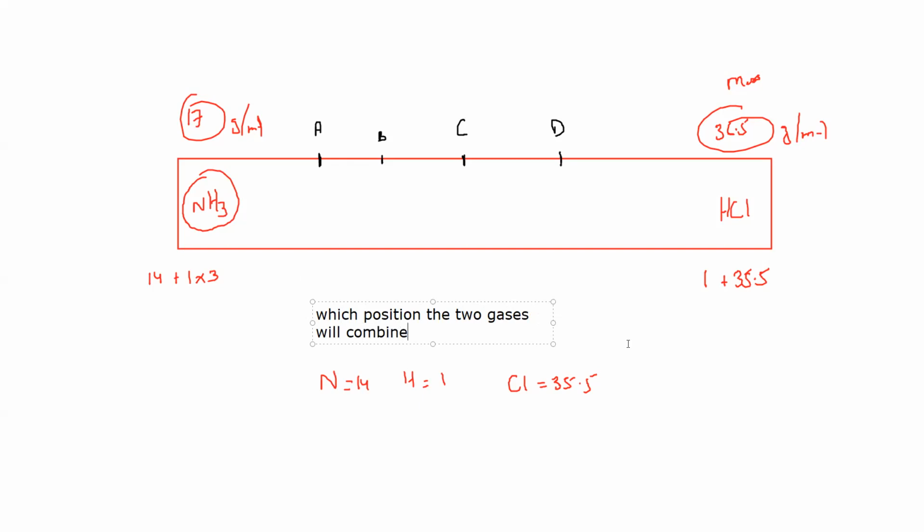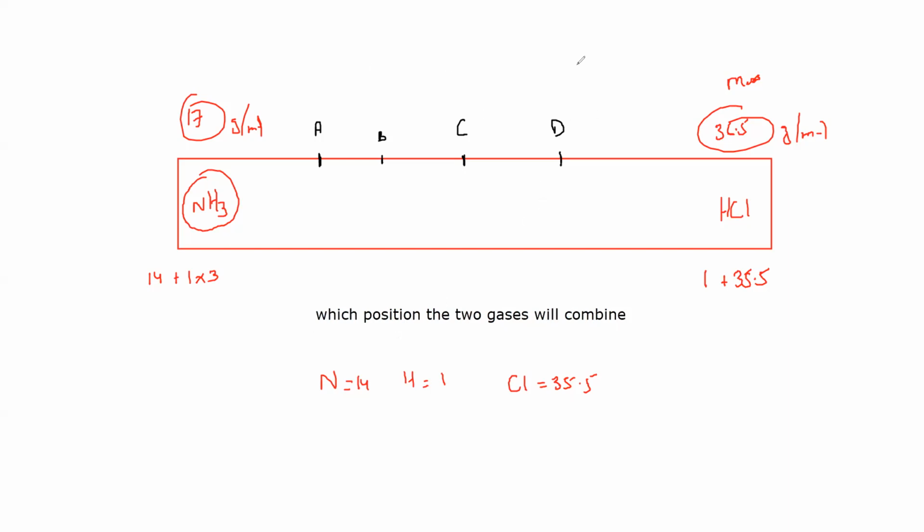A, B, C, or D. You can use the chat and answer with any of the options A, B, C, or D. The question is, at which position will the two gases combine, join, or collide with each other. C is exactly the center. There is one specific point where the two gases will combine.